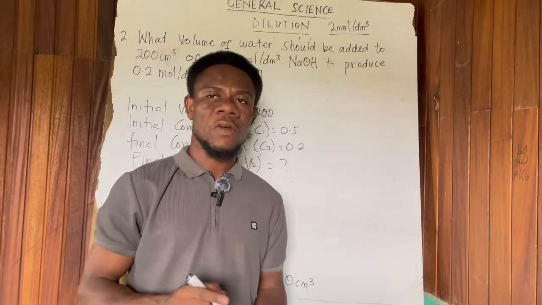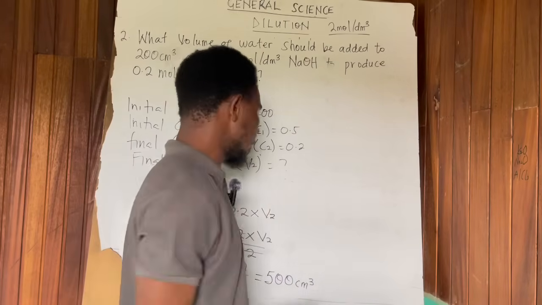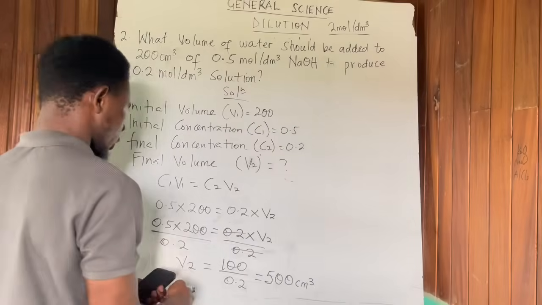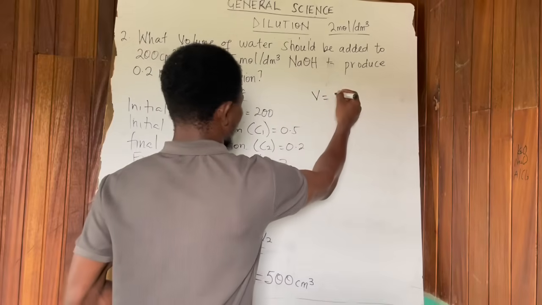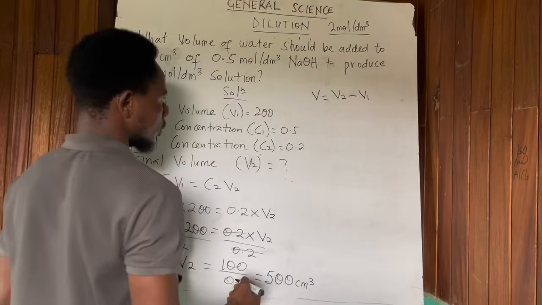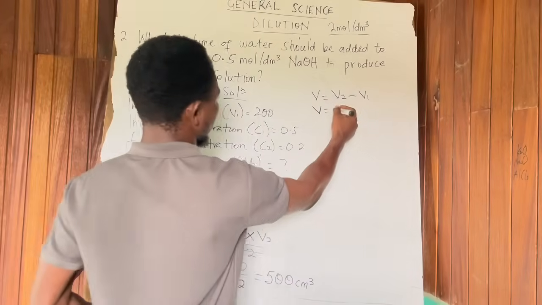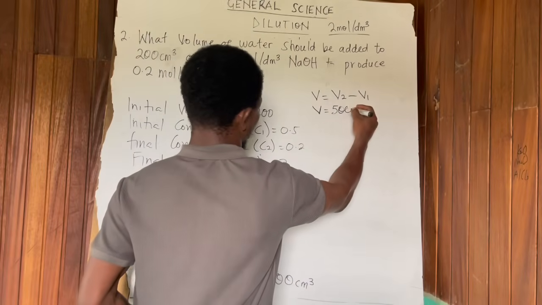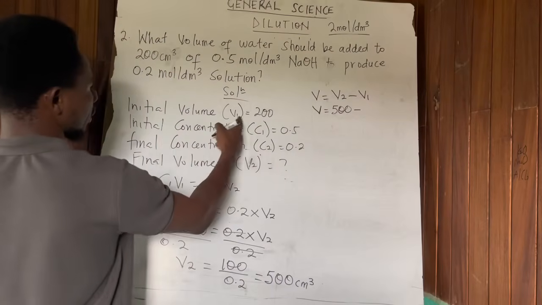So we now have to find our amount of water which was added to obtain this V2. So we know that V is equals to V2 minus V1. So V is equals to 500 minus our initial volume of 200 centimeters cube.